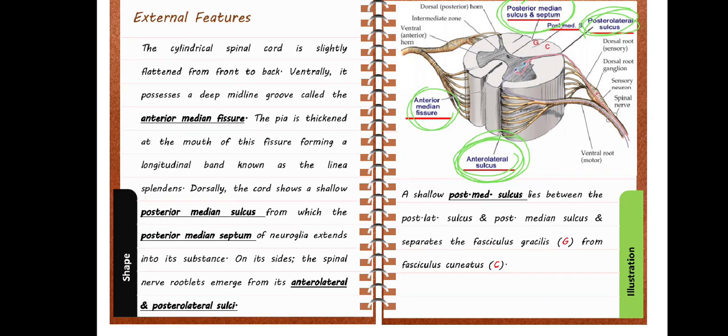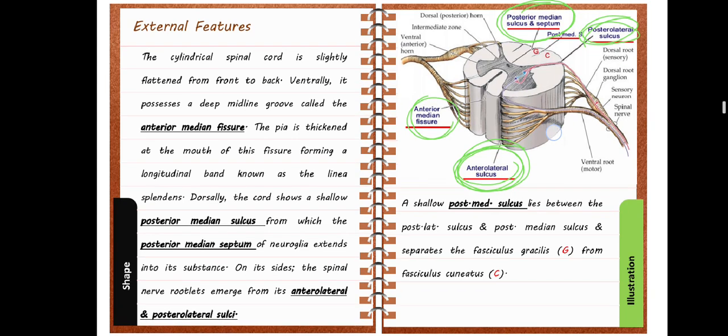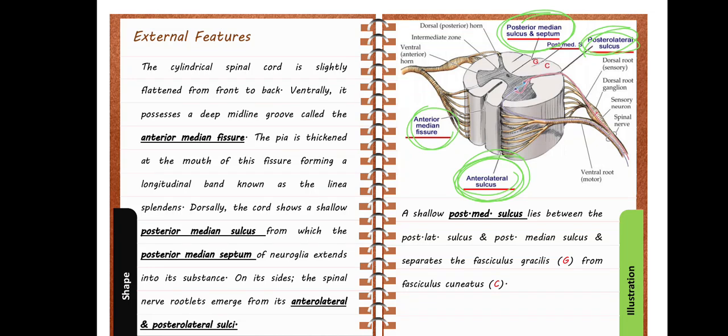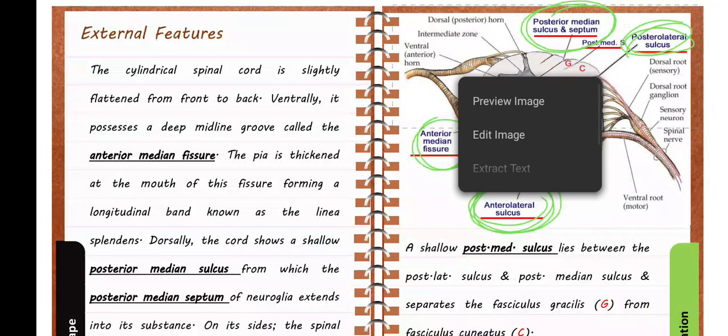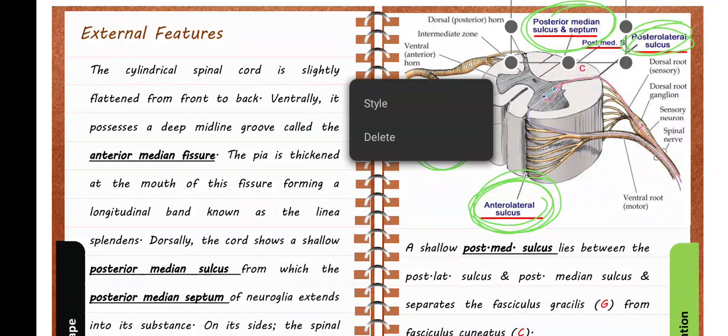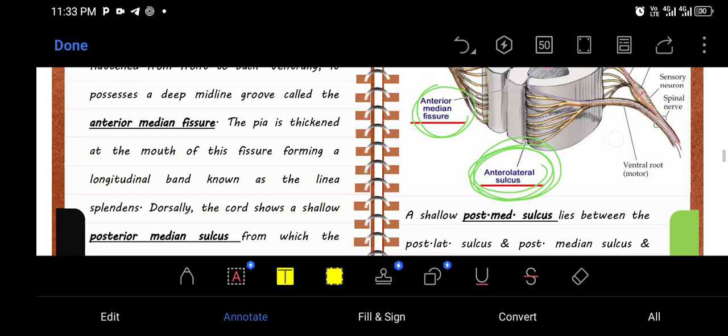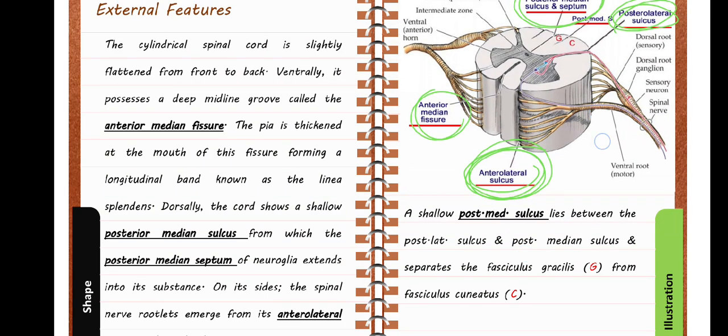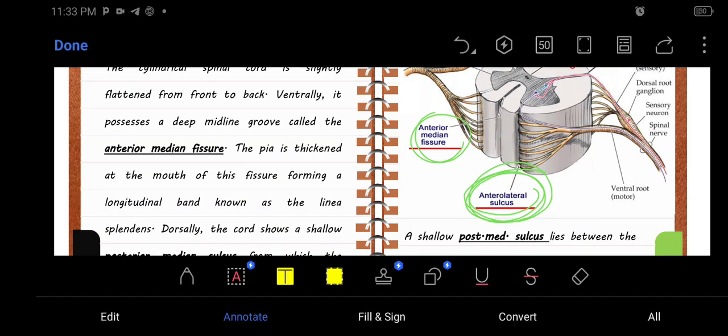A shallow posterior medial sulcus lies between the posterolateral sulcus and the posteromedian sulcus. In between these two, we have a shallow groove, and that groove is called the posteromedian sulcus.